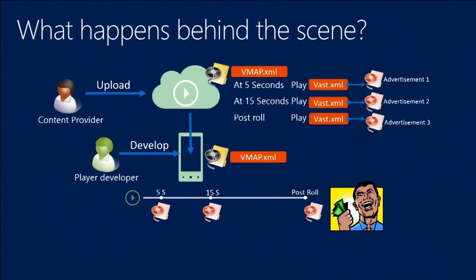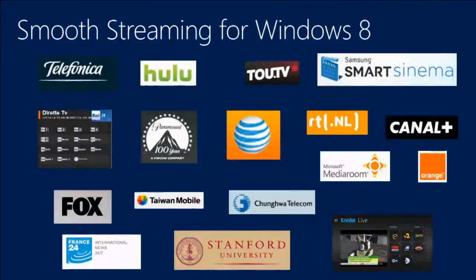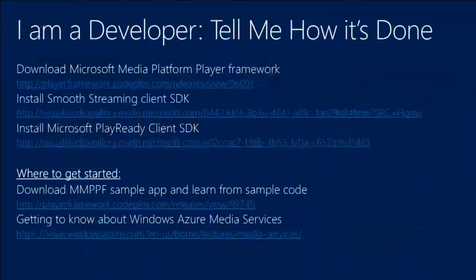So the goal is, of course, here to monetize the content. So smooth streaming is used. You find smooth streaming based applications for Windows 8 from major customers like Telefonica, Canal Plus, Orange, Mediaroom, and they developed nice applications on Windows 8 using adaptive streaming technology.